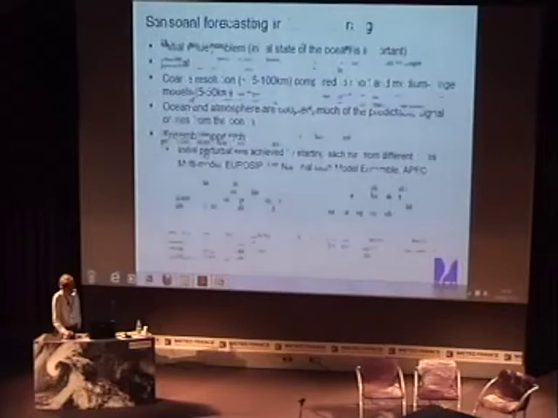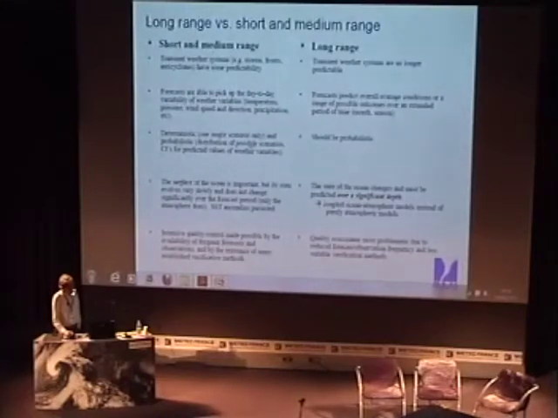In the short range, you can use deterministic methods, so use one single forecast, or probabilistic, no problem with that. But when you go into the longer range, you can't do otherwise. You have to look at the probabilities because the uncertainties are growing so much. And since you are coupling your atmospheric model to an ocean model, the initial condition of the ocean itself becomes crucial.